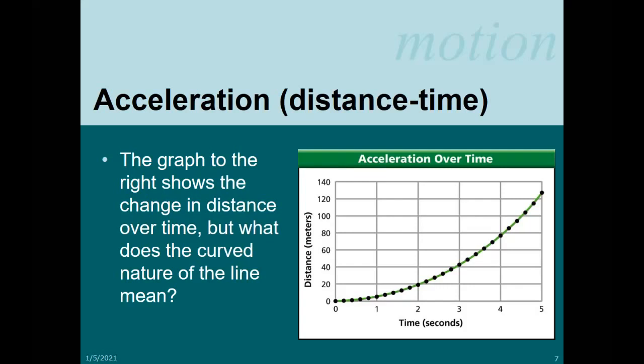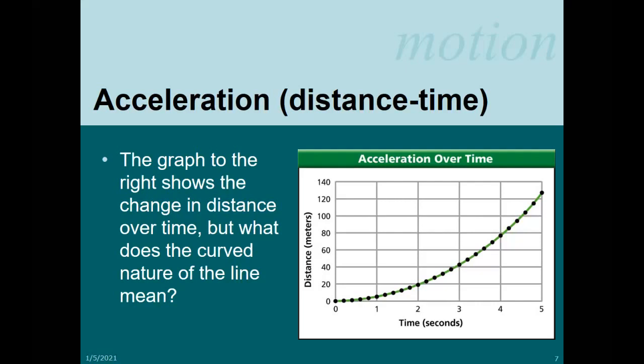This is a deceleration or a negative acceleration. Okay. A straight line is going to mean a consistent speed. And if that is a flat line on a distance time graph, going horizontally, this means that the object or individual is not moving.